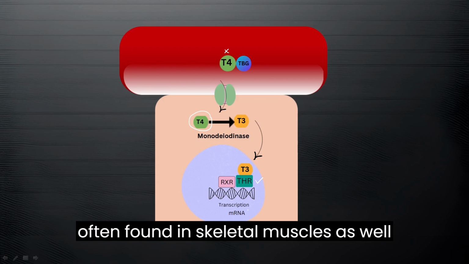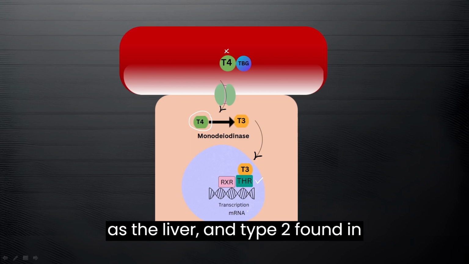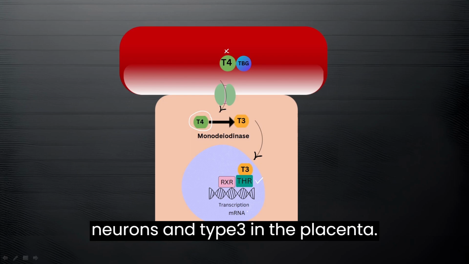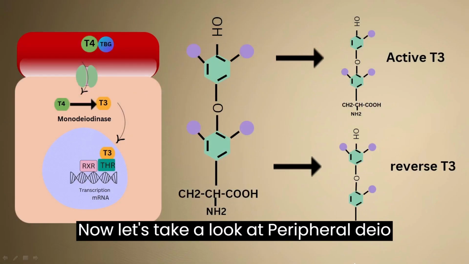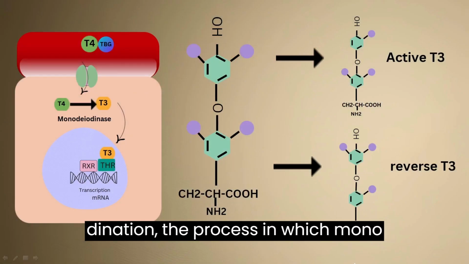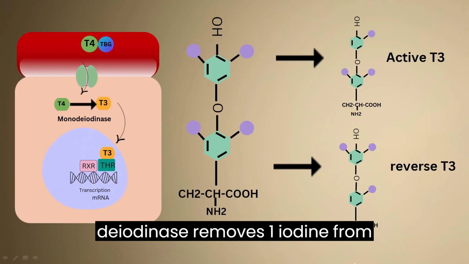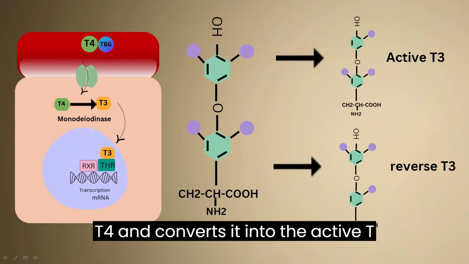Type 1 is often found in skeletal muscles as well as the liver, type 2 in neurons, and type 3 in the placenta. Now let's take a look at peripheral deiodination, a process in which monodeiodinase removes one iodine from T4 and converts it into the active T3.